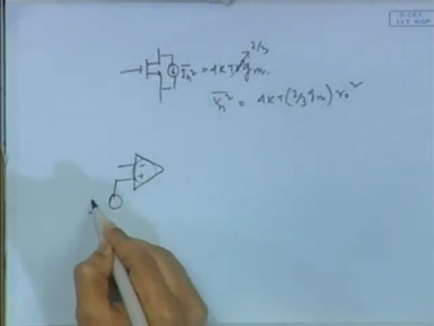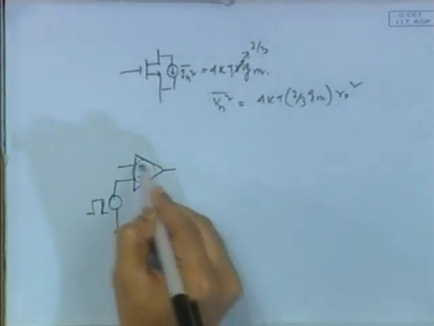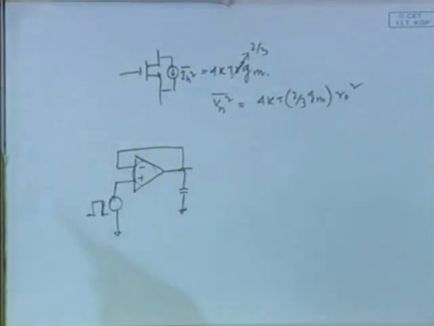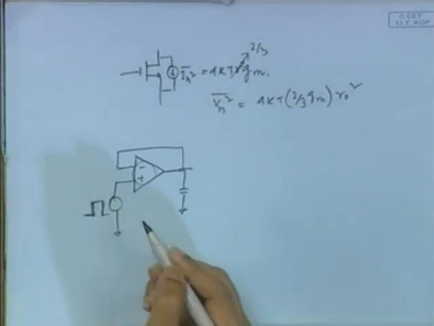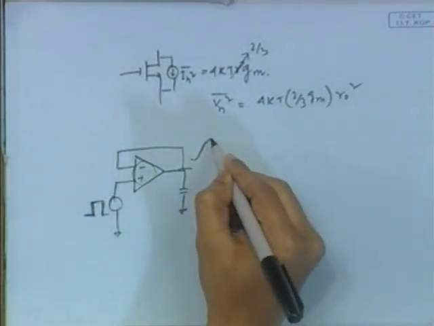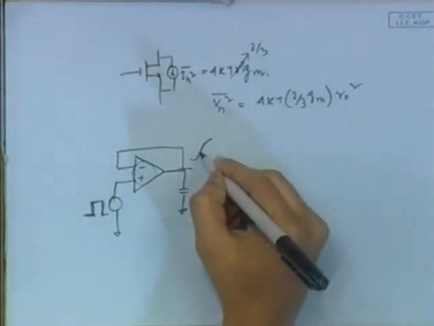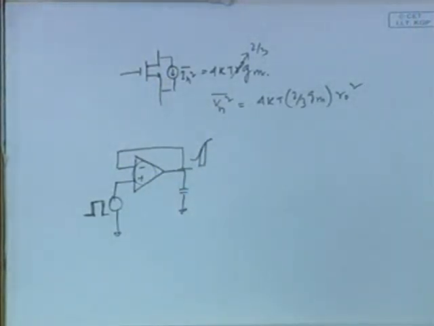We will give a step voltage, a pulse, here, with a unity gain configuration. If we give a pulse to this input, you will get an output something like this. From here, if we find the slope of this output, we will find the slew rate.